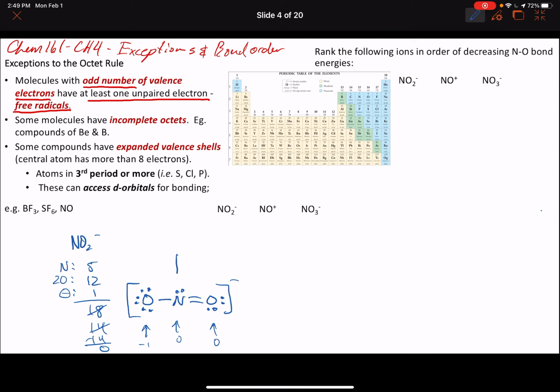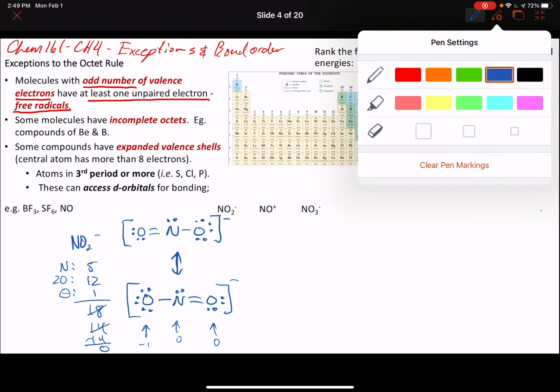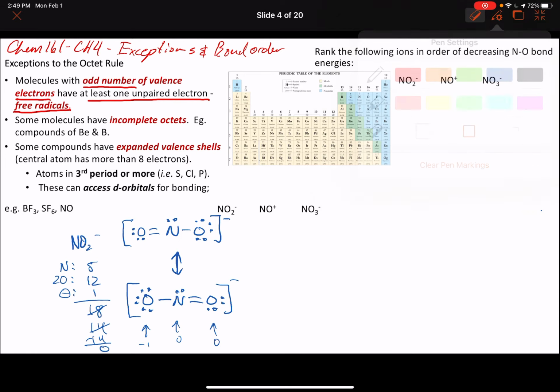We're expecting this to be in resonance with another option, where the oxygen at left is double bonded to the nitrogen instead. That'll put the formal charge of -1 on the right oxygen instead, and give us our second option. So there are the correct Lewis structures for the NO2 minus polyatomic ion. Okay, we'll make room for some of the other options.